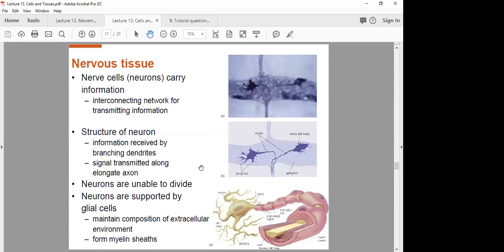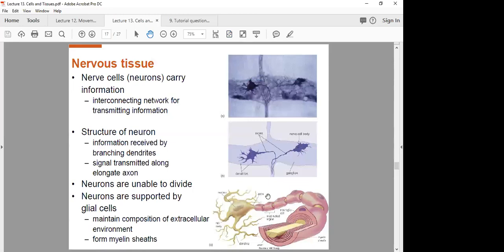Now, as you know, neurons are very long-lived cells. They're mostly unable to divide to form new cells. So once they're formed, they tend to remain functional for the lifespan of the organism. Even though there is some evidence that's come out over many years now that there are some pockets of neurons that can divide and replace damaged neurons, mostly once they're damaged, that tends to be it.